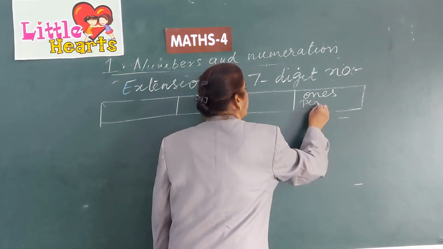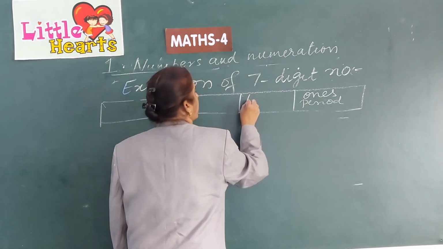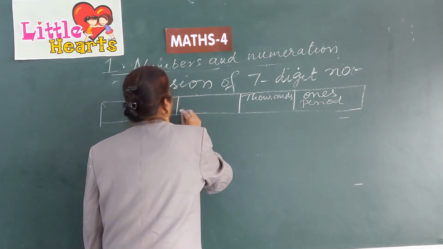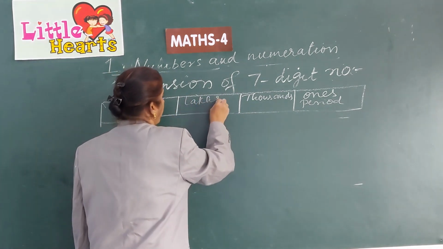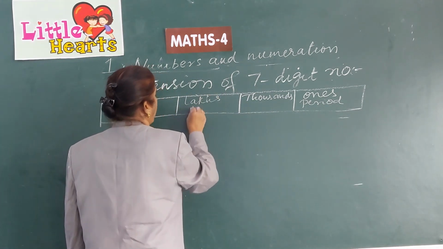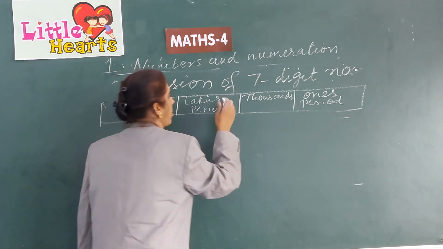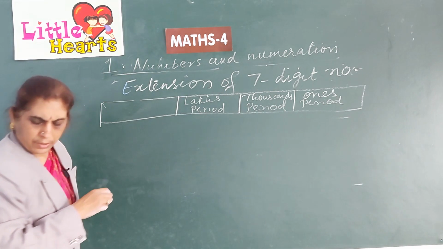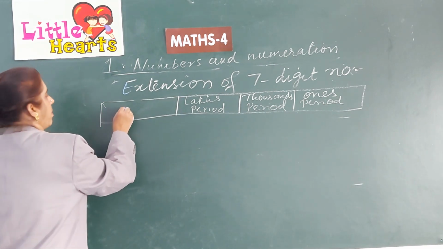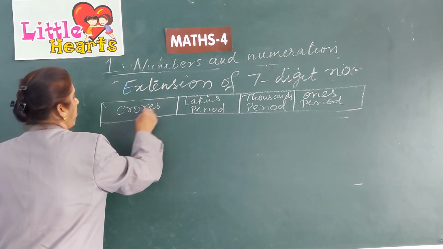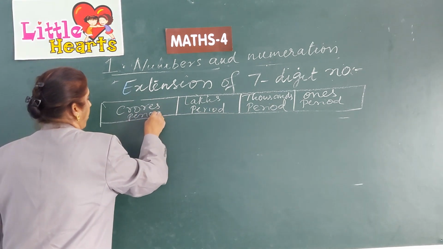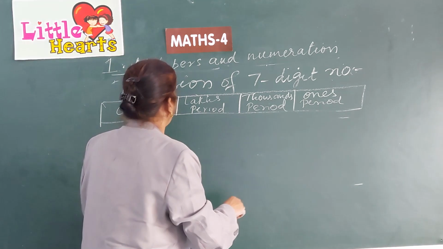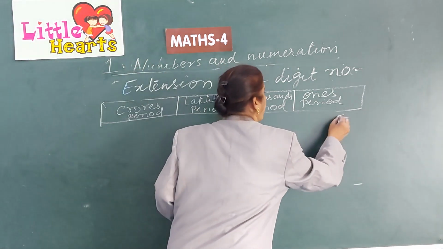Ones period, thousands period, lakhs period, crores period.